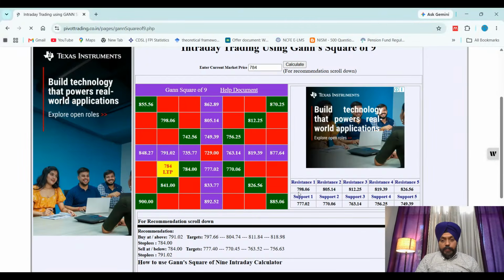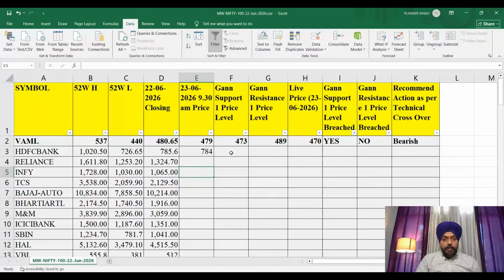You just note down these figures, like the level 1 support and resistance. So 798 is your resistance and 777 is your support. 798 is my resistance, 777 is my support.